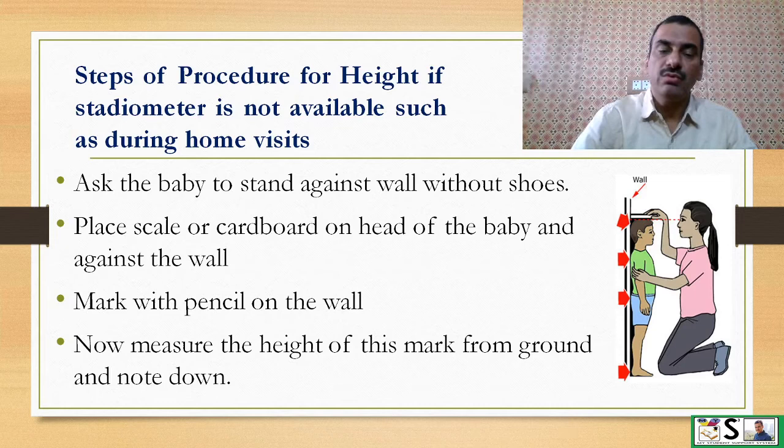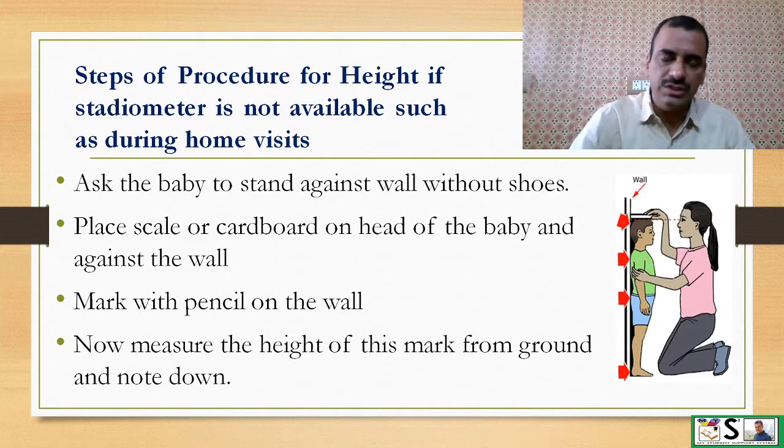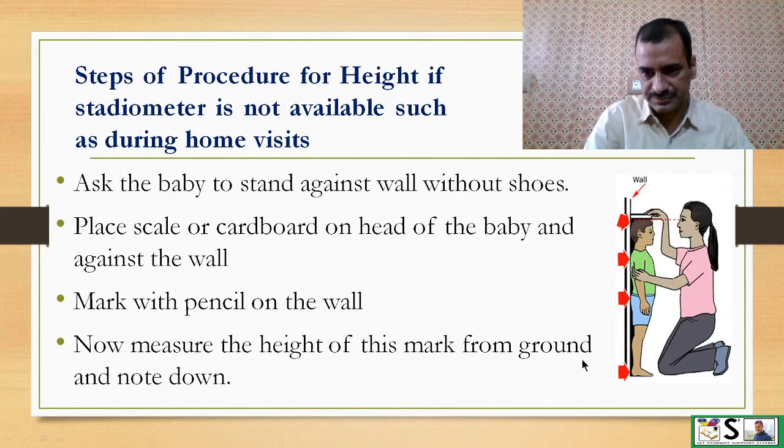Now what will we do if we do not have a stadiometer or while we are in the community? So in this procedure, the first step is we ask the baby to stand against the wall without shoes like this, and then we place a scale or cardboard on the head of the baby against the wall like this, and our eyes should be at 90 degrees of this, and then we mark here with the pencil.